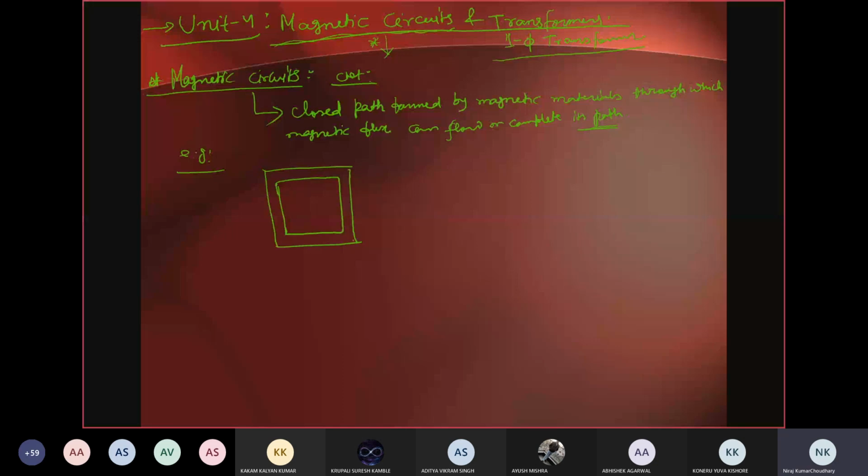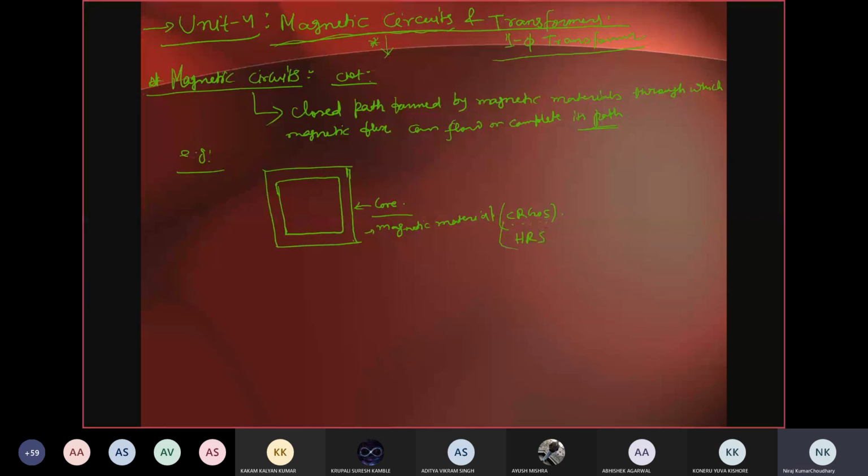For the time being, you just understand that this is a core, which is made up of magnetic material, like it may be of any type, CRGOS, like cold rolled grain oriented steel sheets, which is mainly used for the construction of transformer cores. It may be also hot rolled steel type, any magnetic material.